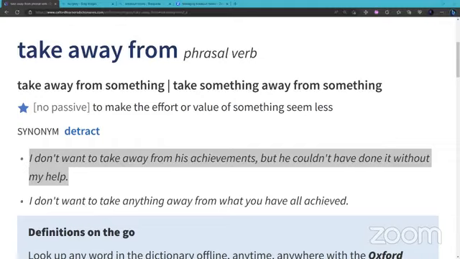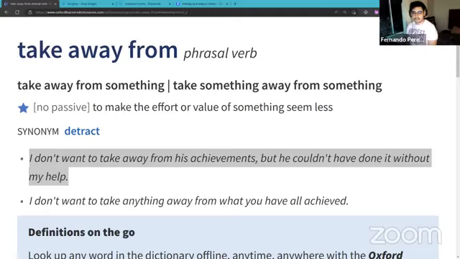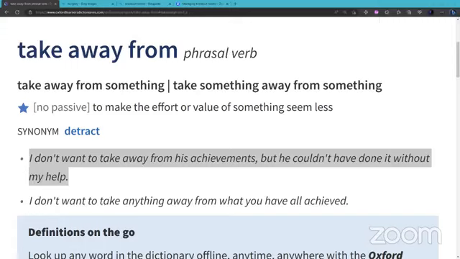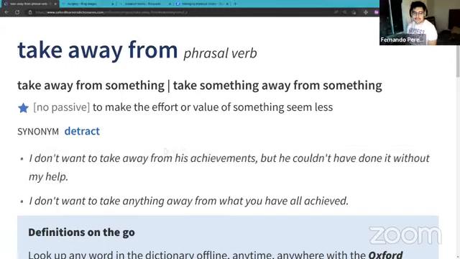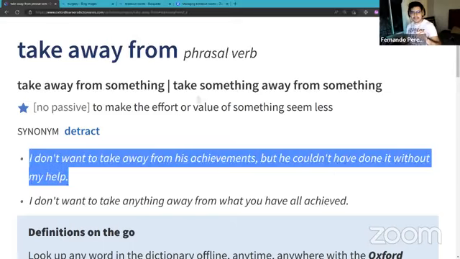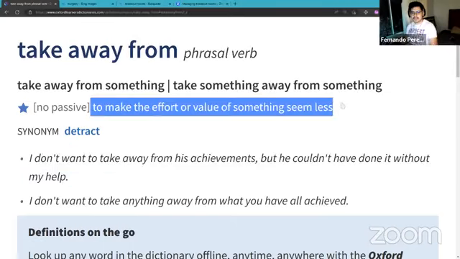But to make the effort or value seem less, he couldn't. What if we take the information in the original example and match it with the definition?